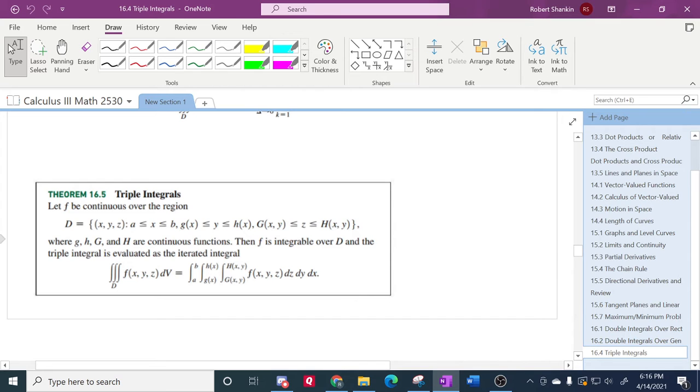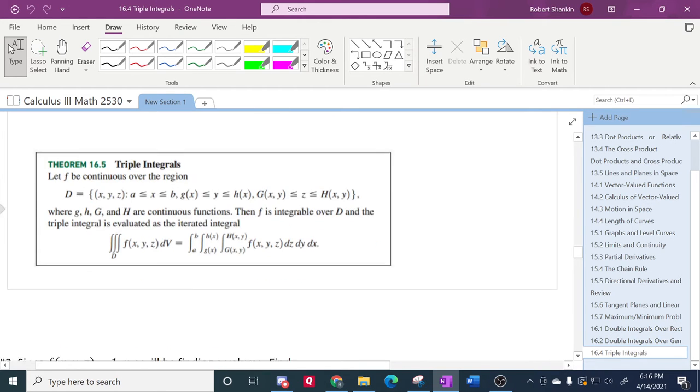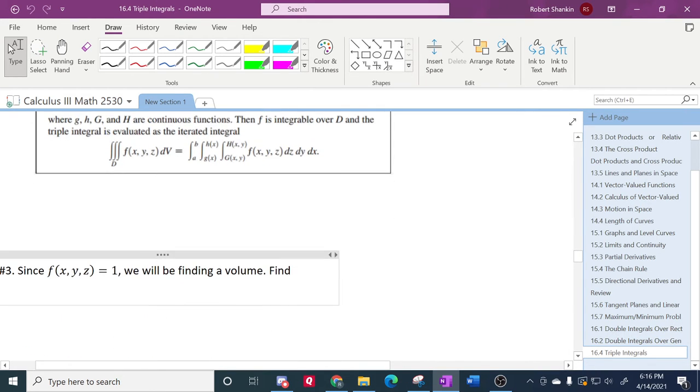And if y is the next innermost, then y can be functions of x only, cannot be functions of z. And if z is the innermost, z can be functions of both x and y. Now we'll see all this and it'll make more sense in the context of this problem.